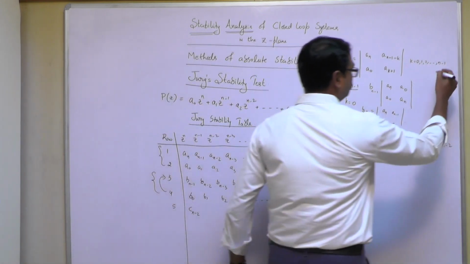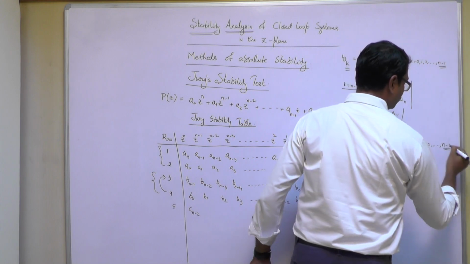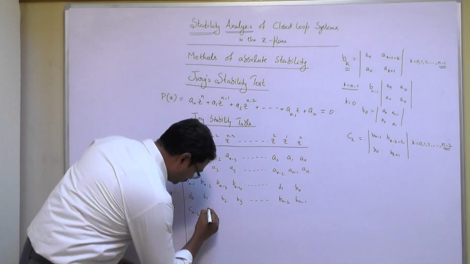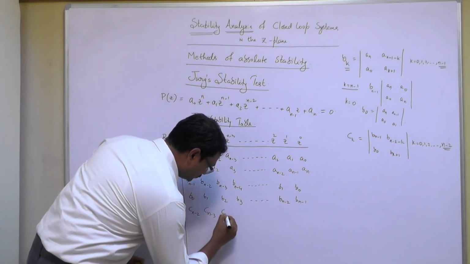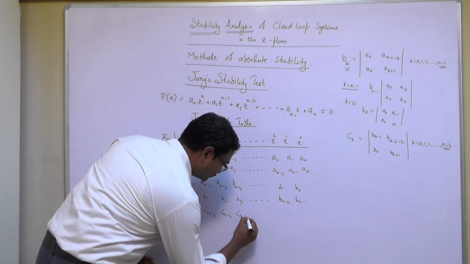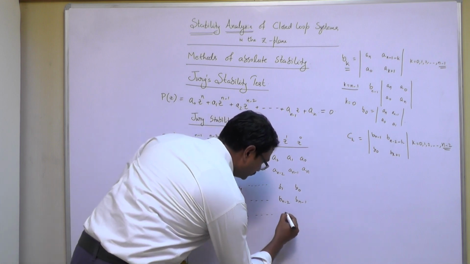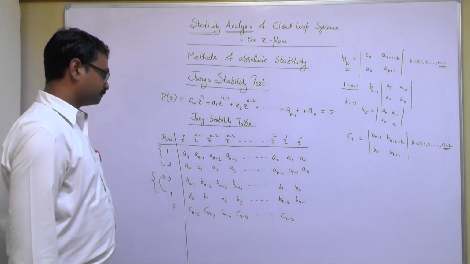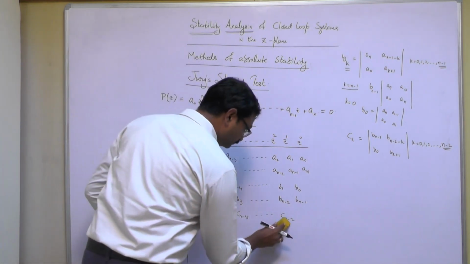Here we have b up to n minus 1, here we have up to n minus 2. Right. So we are having this, therefore C n minus 3, C n minus 4, C n minus 5, so on, up to C naught.